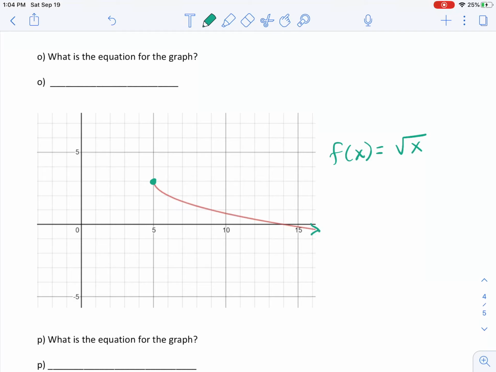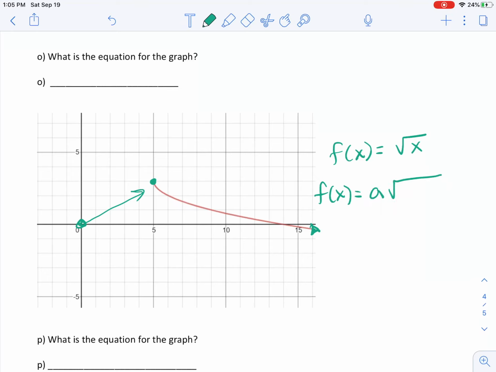And it doesn't start at 0, 0. So there has been some sort of shift, right? So again, I'm trying to figure out what is the A. Oops, we just did absolute value. What is the H and what is the K? So let's look at what that point is.